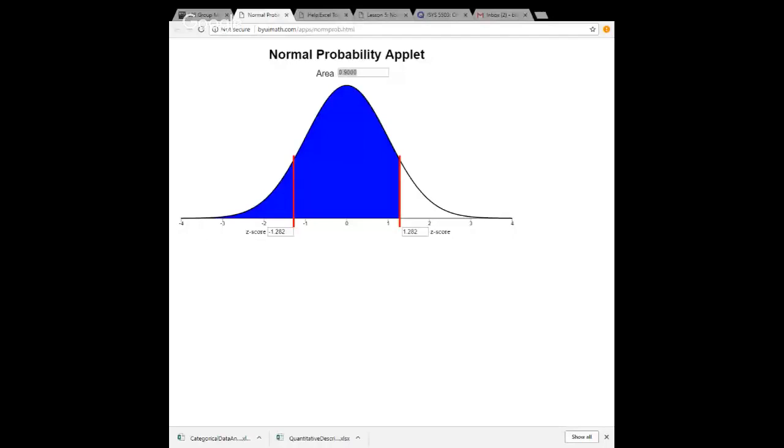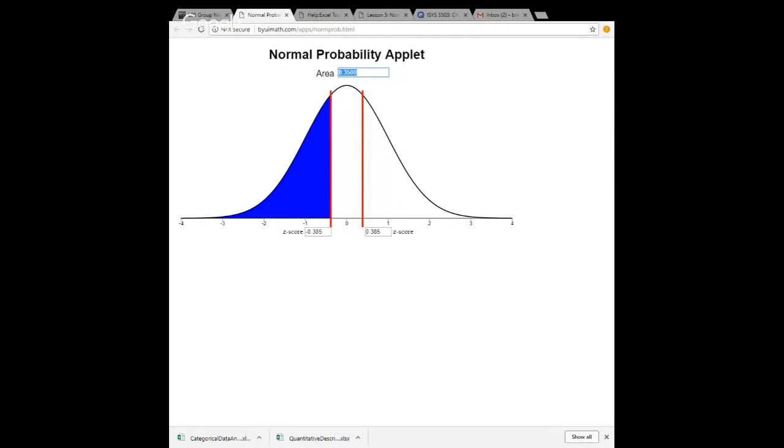Okay, here we go. 0.350, which is the 35%, right? Okay. The z-score right here, which is 0.385.